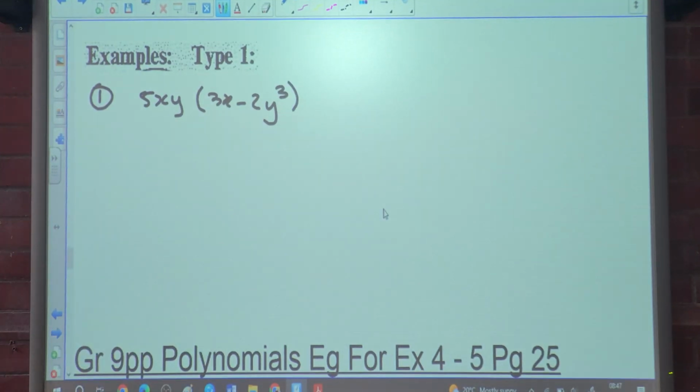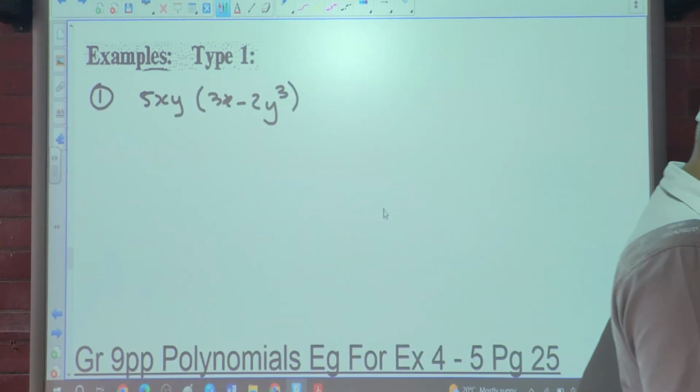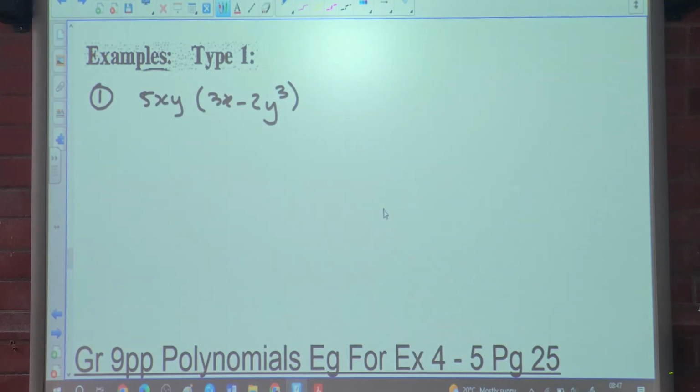Right. This is an example of type 1 on page 25. And this is the examples for exercise 4. You guys write this down?